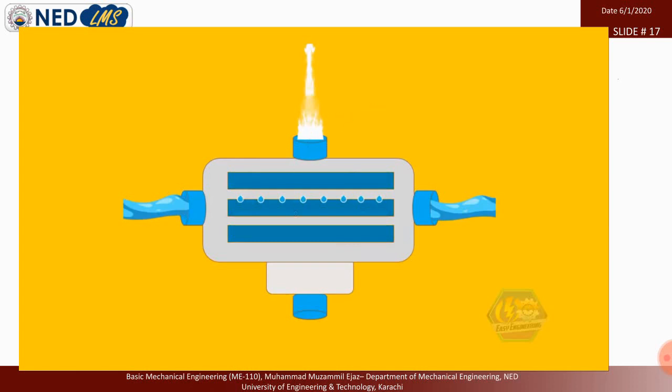So when it contacts the low temperature water, like river water, whose temperature is around 23, 25, or maximum 30 degrees centigrade, the steam condenses. Then the steam changes its form from a mixture of steam and water into complete water, and that water is again utilized in the pump.